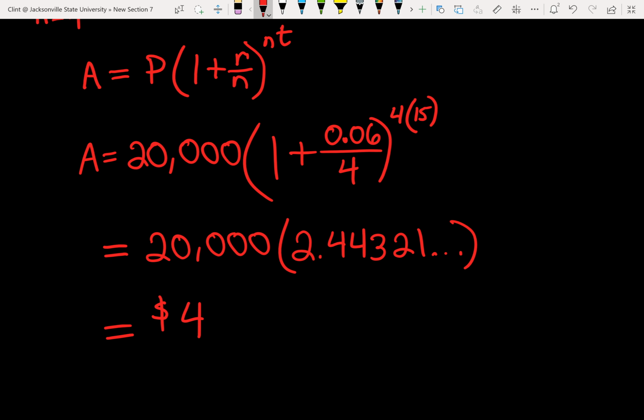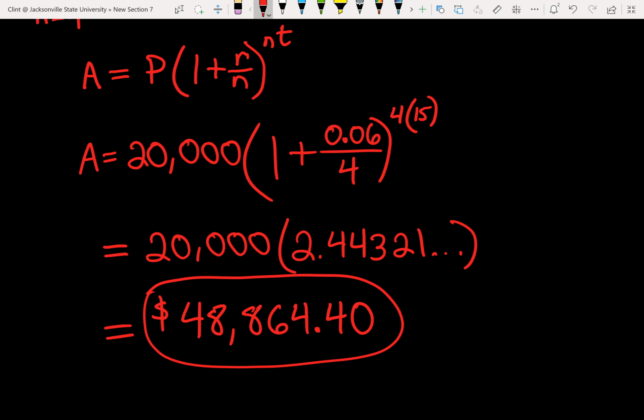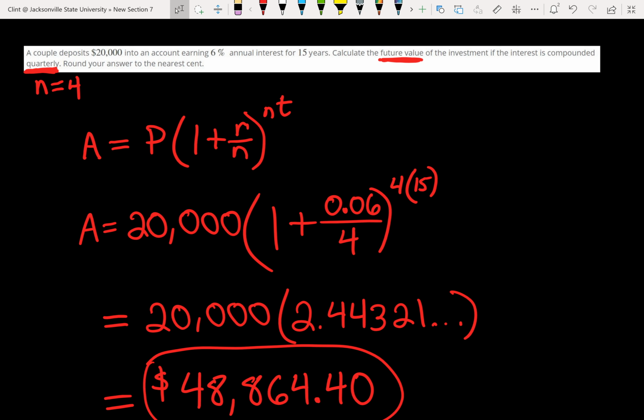So I've got $48,864.40. I've got 0.395, so 40 cents. There's our number to the nearest cent. Calculator part's probably the hardest part on that, that, and making sure you know your different n. Quarterly is 4. All right, next.